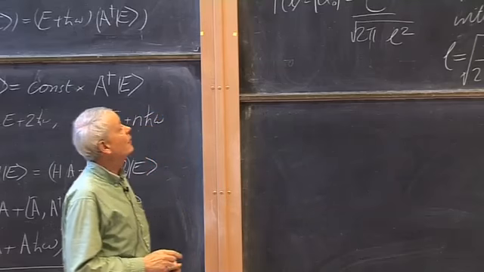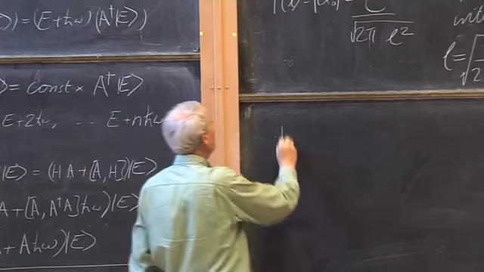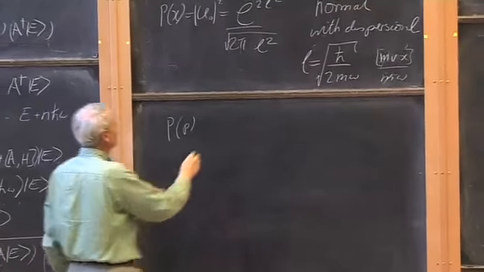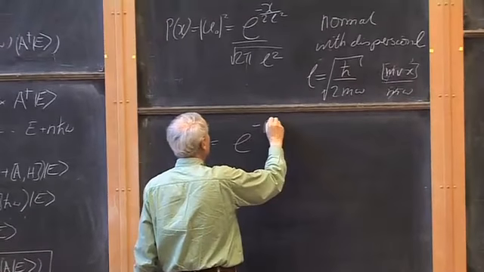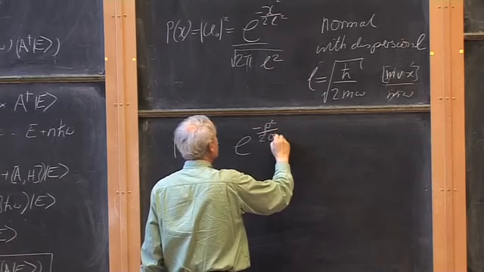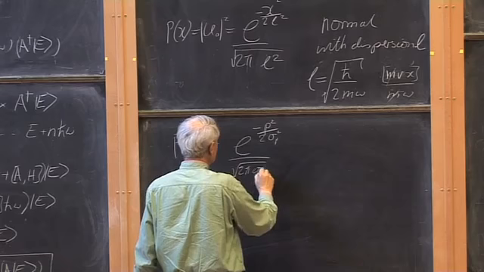From what we did before, the probability of the momentum will also be a Gaussian. It'll be e to the minus p squared over 2 sigma p squared, over root 2 pi sigma p squared.